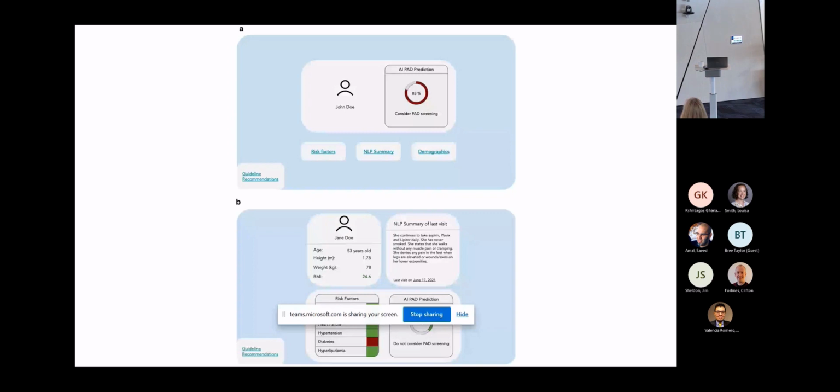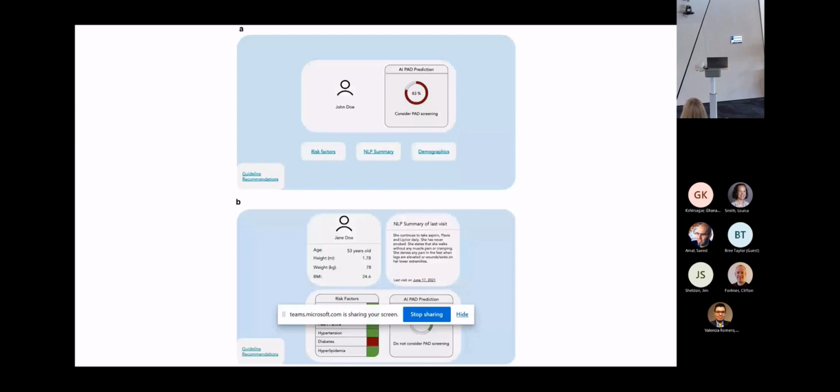One visualization was showing the confidence of our decision, and we are saying here that we are 83% confident that the surgeon or the primary care physician should do the screening for the PAD.